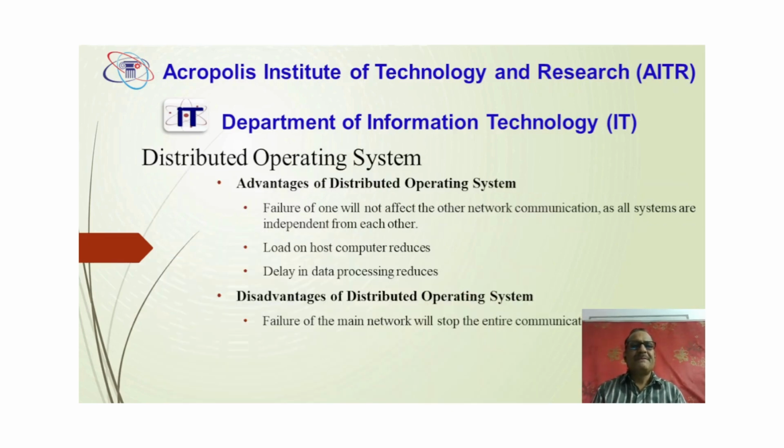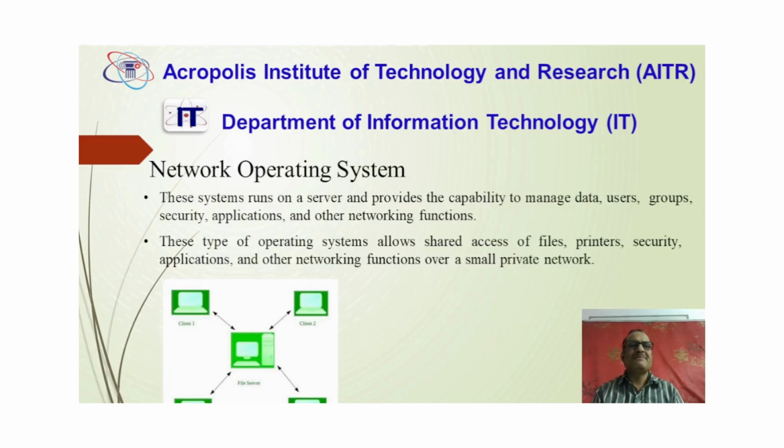As you can see, the distributed system has various advantages. Failure of one will not affect the others, as all systems are independent from each other. Load on the host computer reduces and delay in data processing reduces. Limitations, or we can say disadvantages: failure of the main network will stop the entire communication, just like a network or server.